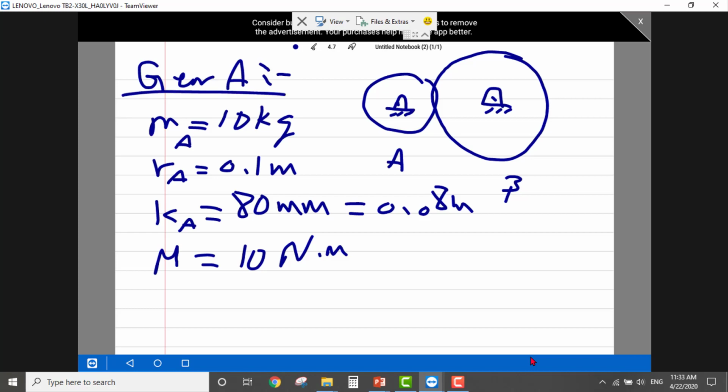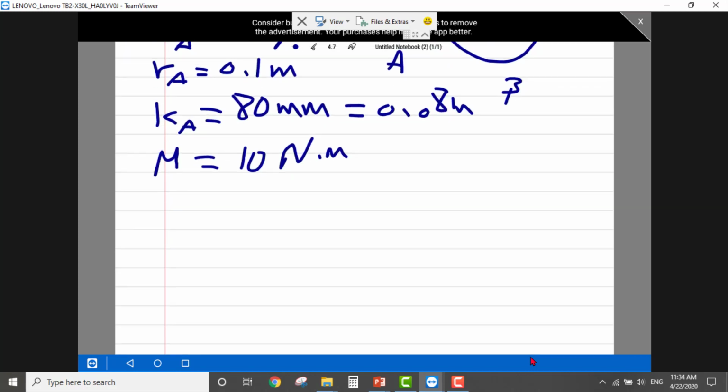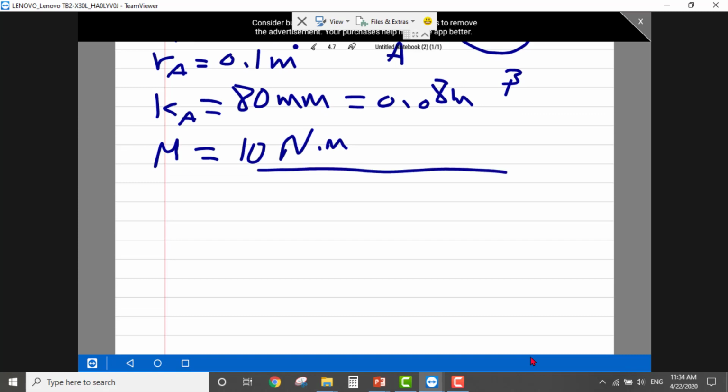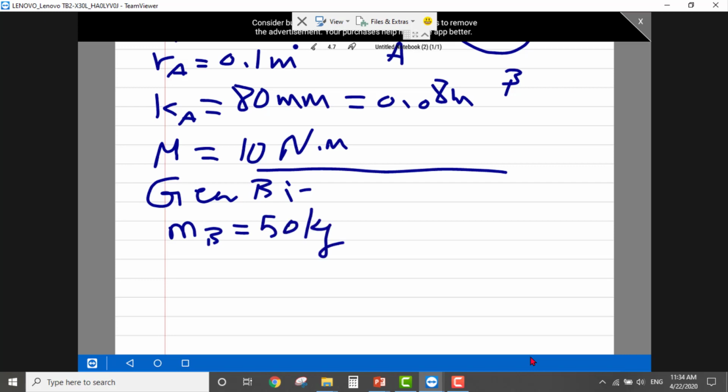Now for gear B, what do we have for gear B? We have mass B, which is equal to 50 kilograms, and let's start with its radius first.